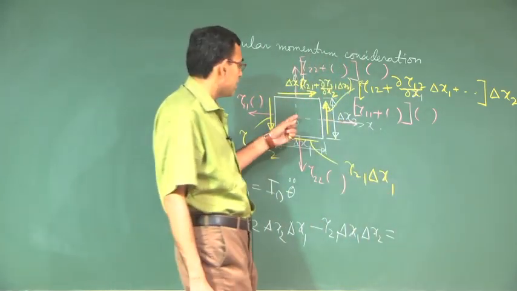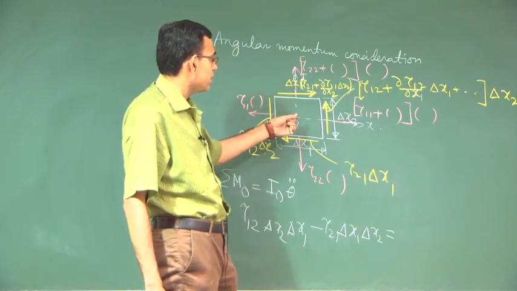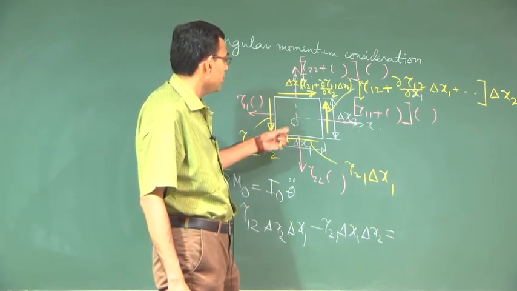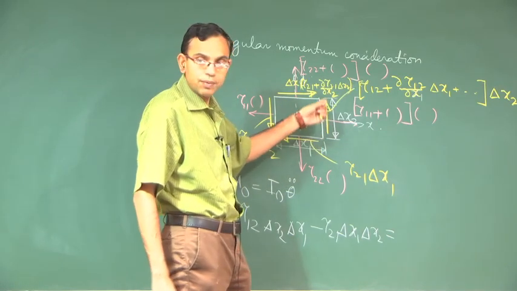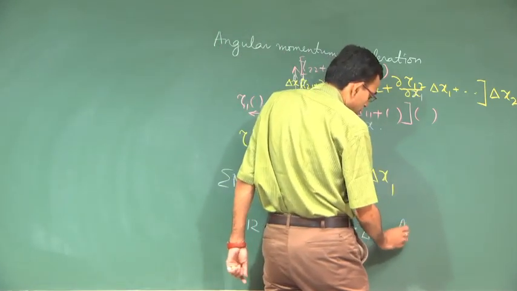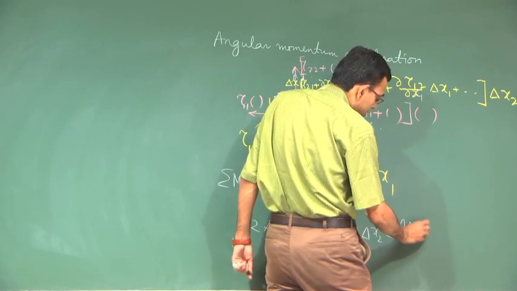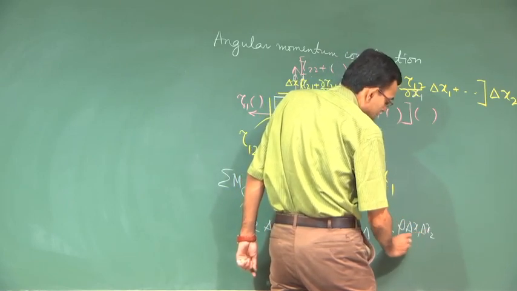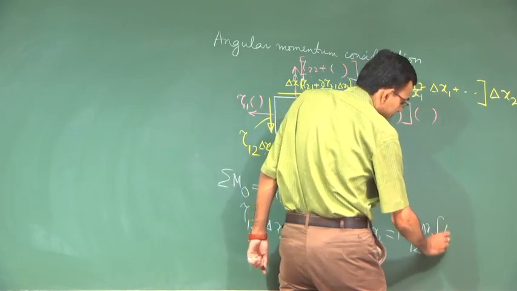Basically in this case the moment of inertia with respect to O is 1 by 12 into m into delta x1 square plus delta x2 square. So, m is rho into delta x1 into delta x2 into 1, times this by 12.